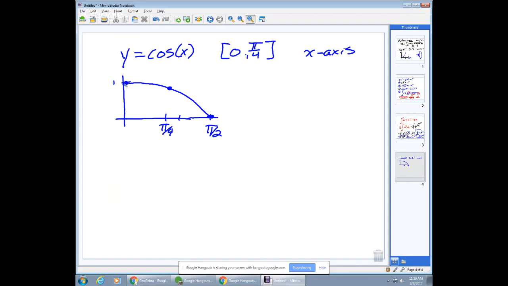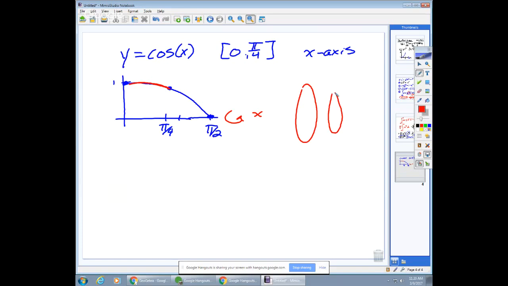So let's pick a different color. Red. So it's this chunk here that I'm going to revolve about the x-axis. Drawing that to the best of my ability, I'm going to get a bigger circle out there and a slightly smaller circle over here, and it's going to curve slightly over.